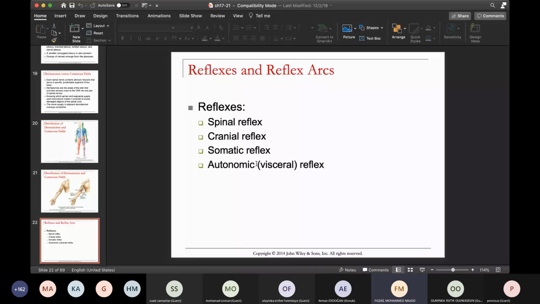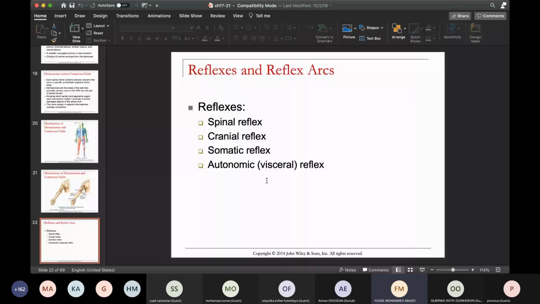Okay. So the spinal cord ends up promoting homeostasis by serving as the center for integration for certain reflexes. Some of them, not all of them. So what exactly is a reflex? A reflex is a rapid, involuntary response.